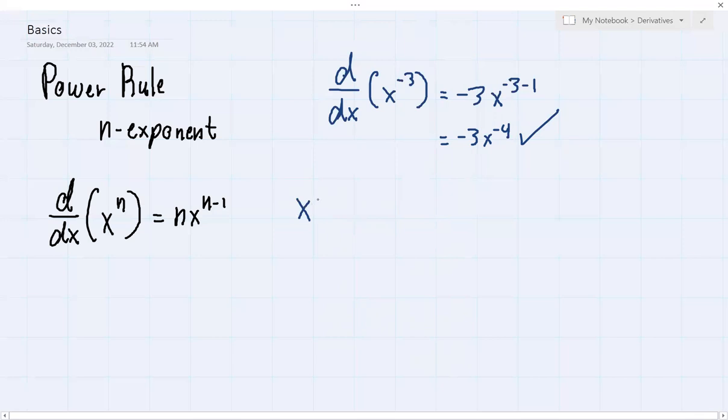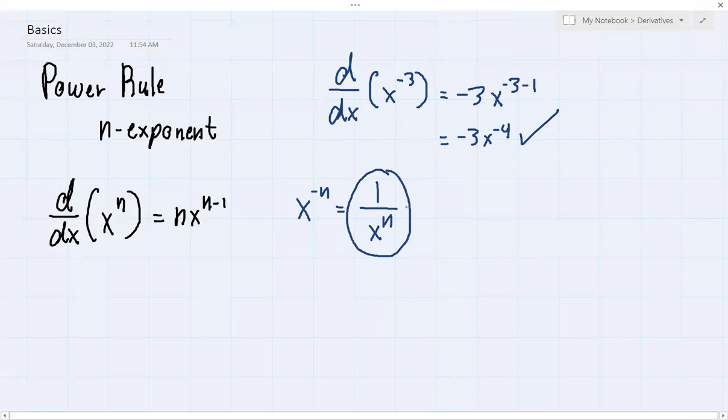Kapag meron tayong x raised to negative n, ang mangyari dyan, we will have equivalent of 1 all over x raised to n. Ibig sabihin nun, okay, kapag meron kang variable na may negative exponent at ayaw mo ng negative, we can reciprocate it. Okay? So, kumbaga, ganito mangyayari.